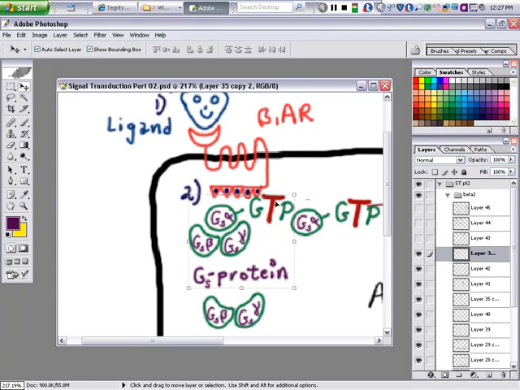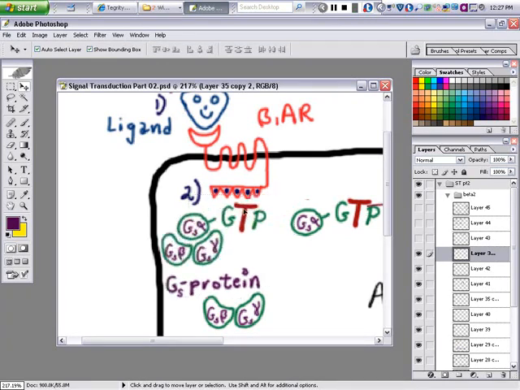What's going to happen next is this G protein is going to dissociate. G alpha is going to dissociate by itself with the GTP, and G stimulatory beta and G stimulatory gamma are going to move away.